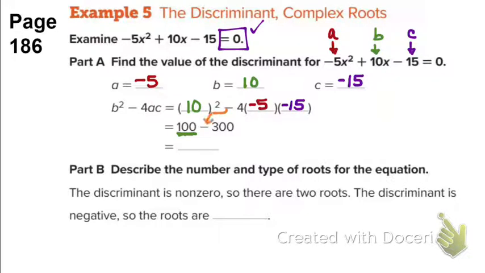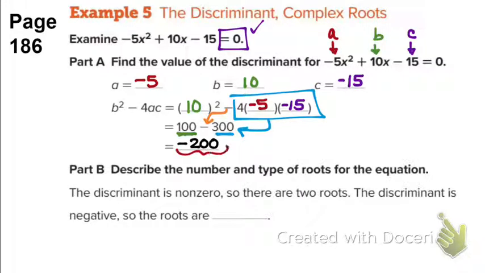We're going to drop this subtraction sign right down. And then I need to evaluate these pieces right here. So I do 4 times negative 5, that gives me negative 20. Negative 20 times negative 15, pop all that in my calculator if I need to, I get 300. So I do 100 minus 300. That gives me a value of negative 200.